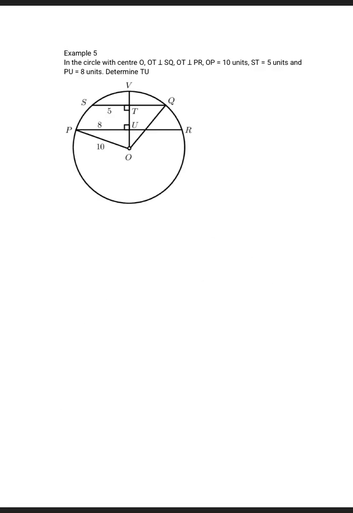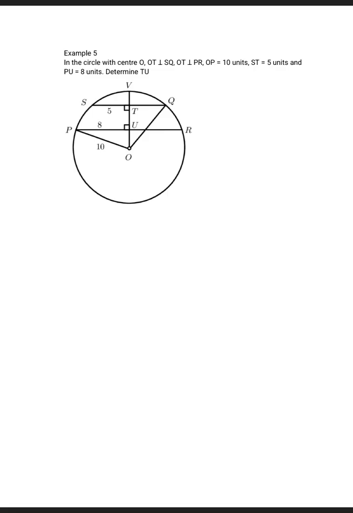Now we have example 5, which says that in the circle with center O, OT is perpendicular to SQ, and OT is perpendicular to PR, and OP is 10 units, ST is 5 units, and PU is 8 units, and we want to determine the value of TU.